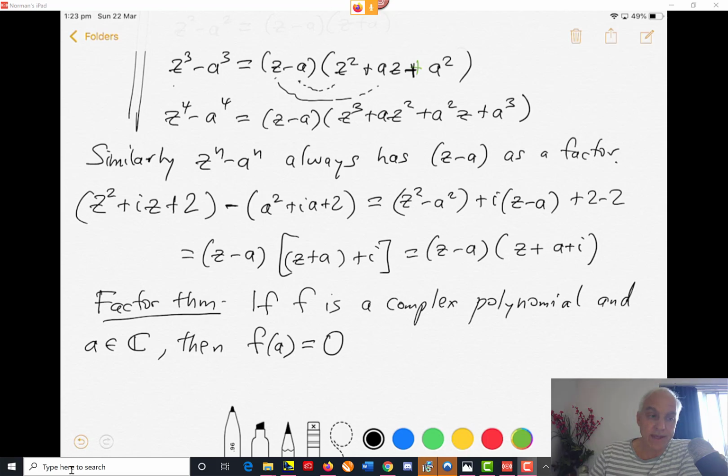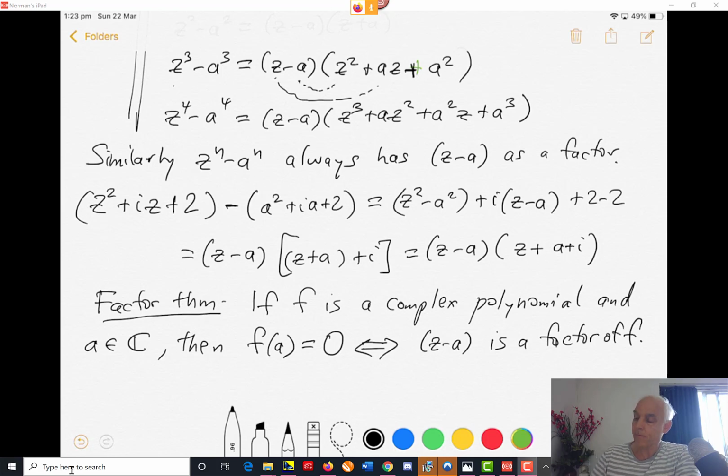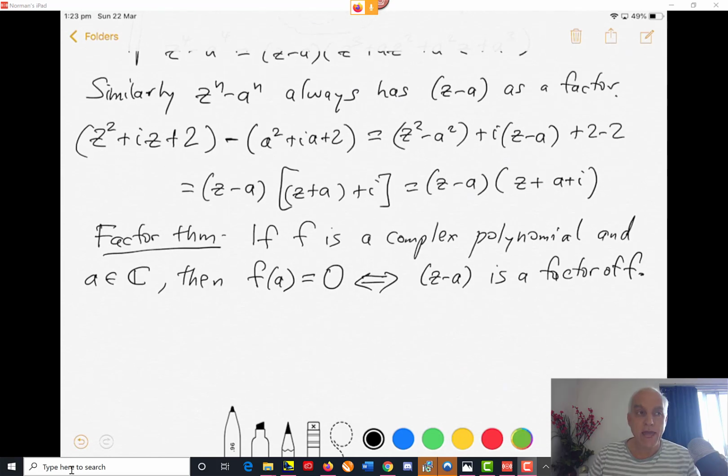So in other words, a is a 0 or a root of f precisely when z minus a is a factor of f. So this is a characterization of when we have a linear factor z minus a. So this linear factor z minus a is a factor of f precisely when f of a equals 0.